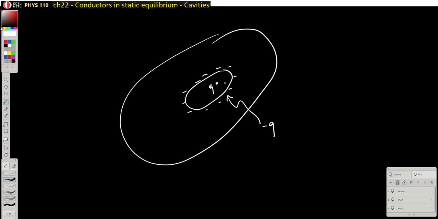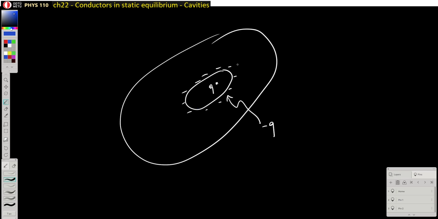So these negative charges somehow cancel the effect of this point charge in this region inside the conductor. These negative charges do not cancel the effect of Q inside the cavity. So inside the cavity there is a net electric field, but outside the cavity, inside the conductor, their net effect should somehow cancel each other.